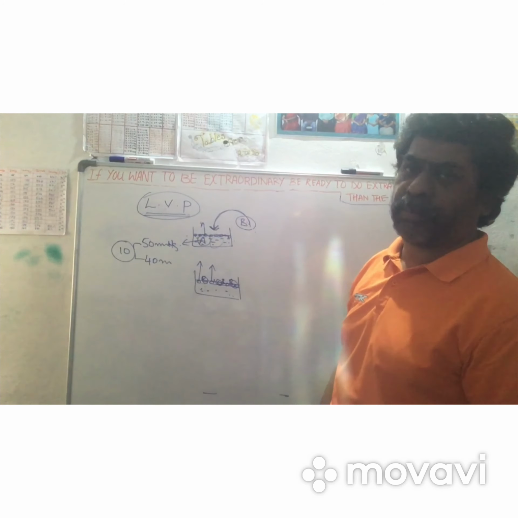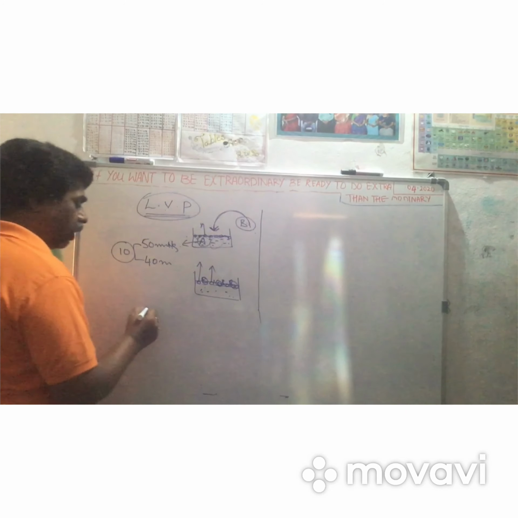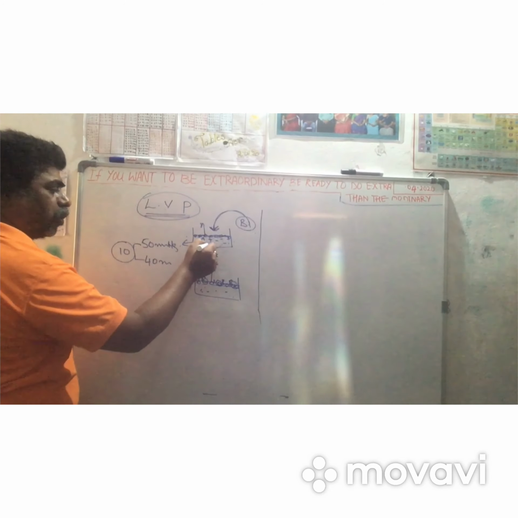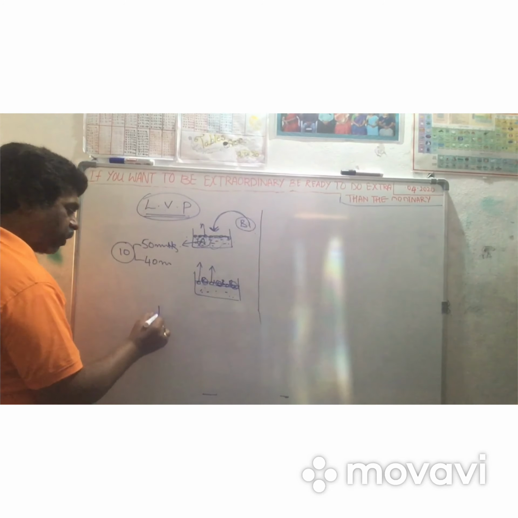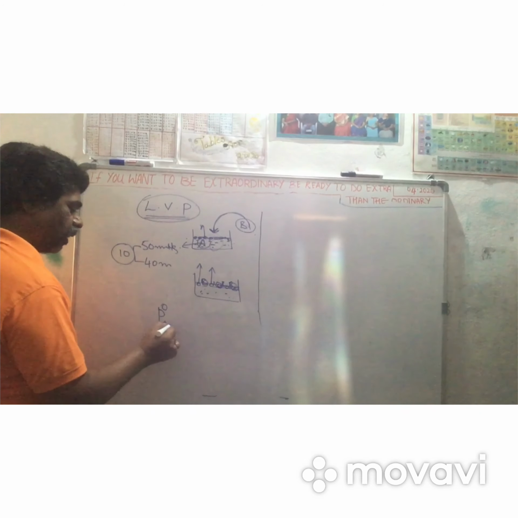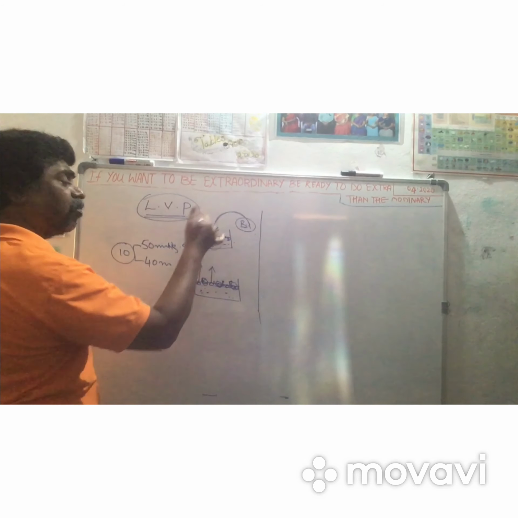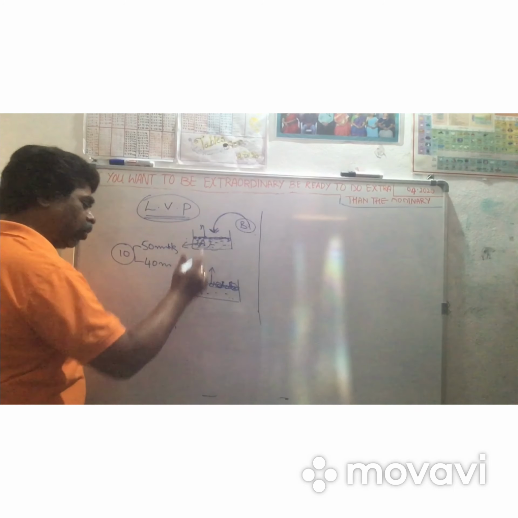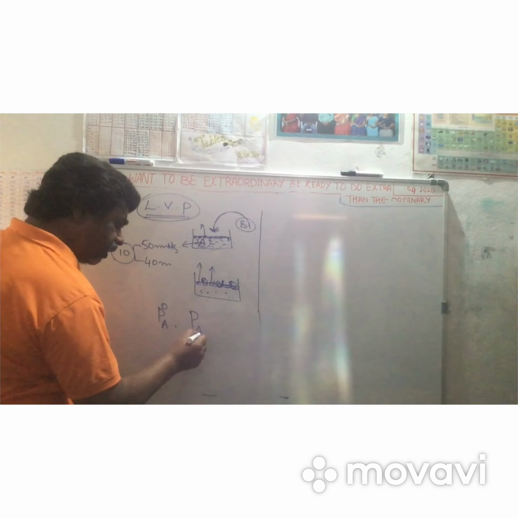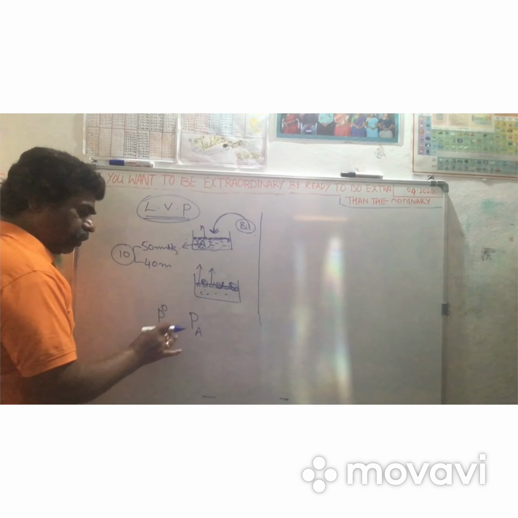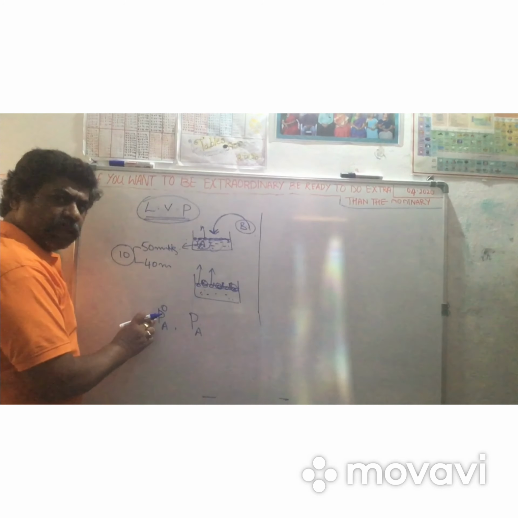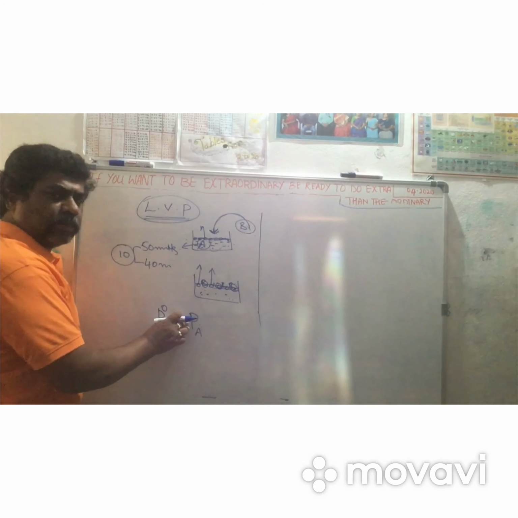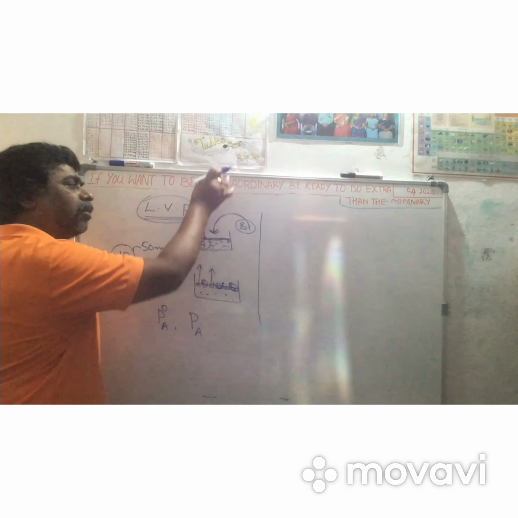Now for lowering of vapor pressure, what we can write here: if, for example, A is the pure solvent, the vapor pressure of the pure solvent is P naught A, and the vapor pressure of the solution after adding solute is P of A. This also is P of A only, because here also the vapor pressure is exerted by the A molecules. Why can B not take part in the vapor state?